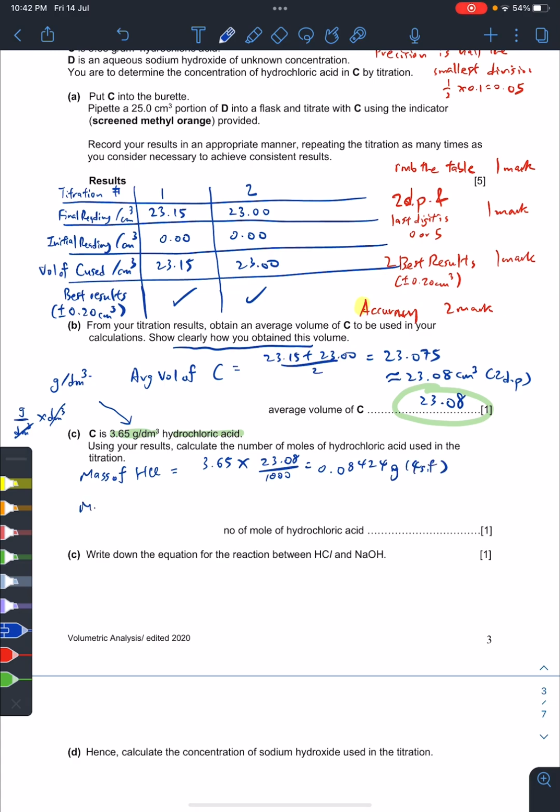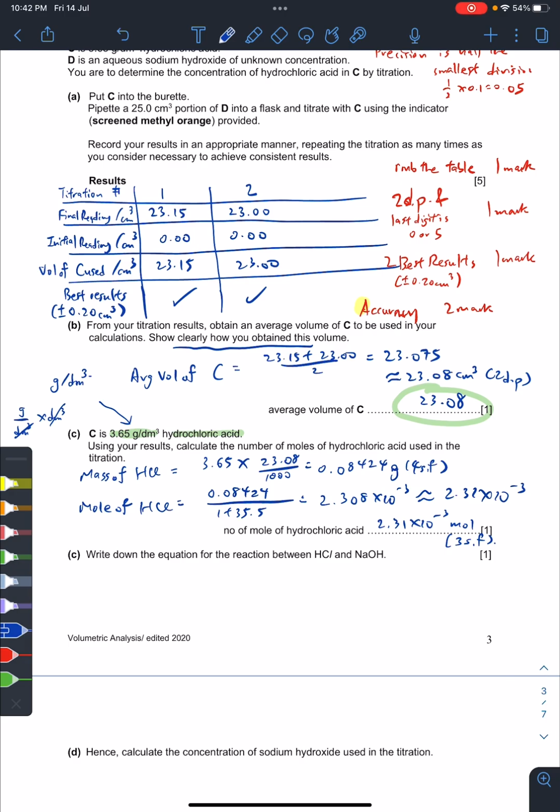Then you can change to mole since they want mole, right? 0.08424 divided by 1 plus 35.5. 2.308 times 10 to the power minus 3, which is 2.31 times 10 to the power minus 3 mole, 3SF. Yay.